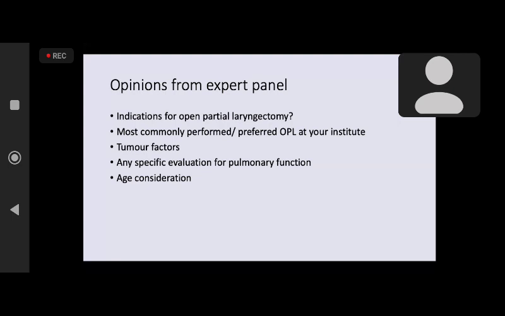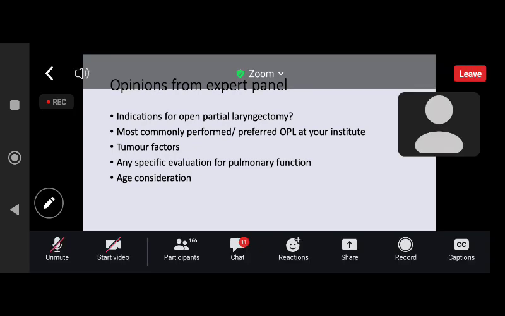If there is any micro aspiration prior to open partial laryngectomy, that has to be picked up, because after the procedure, the chance for decannulation and the outcome of the surgery will be affected by the aspiration problems. So prior to advocating an open partial laryngectomy, we have to evaluate the swallowing of these patients and exclude any aspiration prior to the surgery.